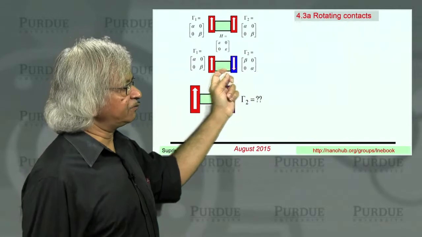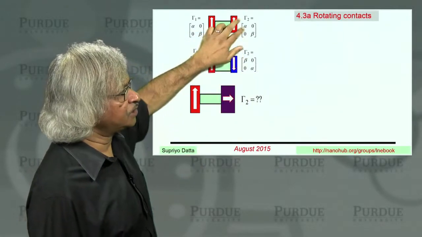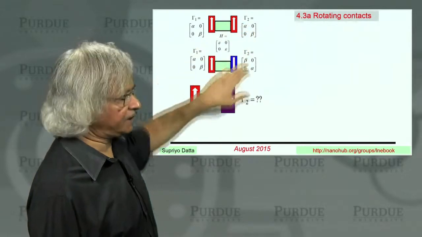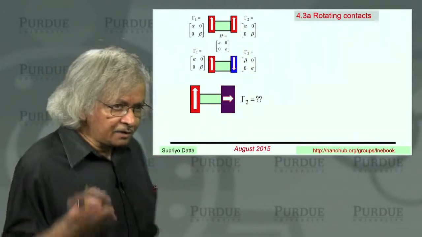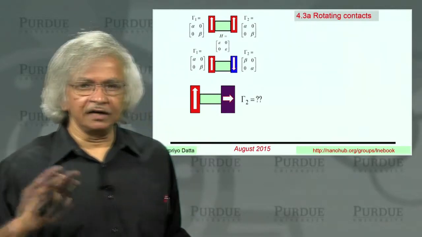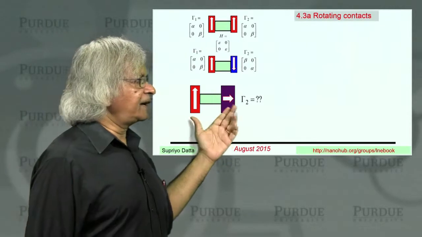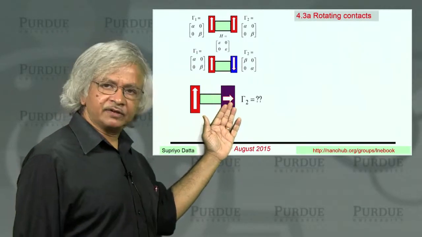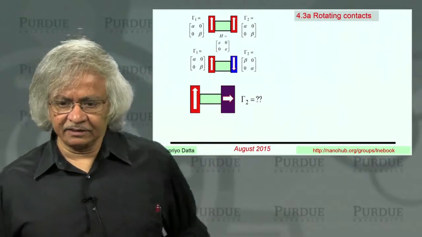In the last lecture we argued that if the magnet is pointing in the opposite direction, you could just reverse the alpha and beta. So instead of alpha beta, you have beta alpha, because the roles of up and down spins are exactly reversed. But what would you do if you had a magnet pointing in some other strange direction? That's what we'll talk about in this lecture.